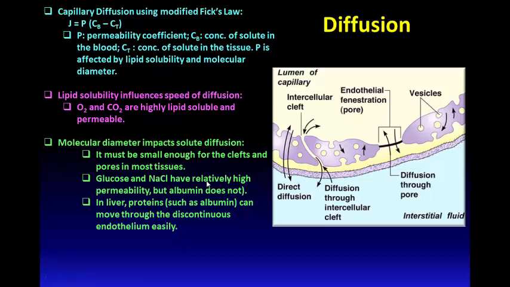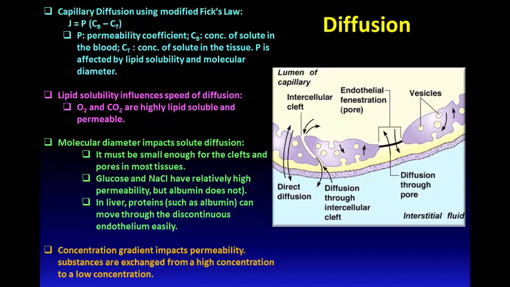In the liver, proteins such as albumin can move through the discontinuous endothelium easily. The concentration gradient also influences permeability, since substances are exchanged from a high concentration to a low concentration.